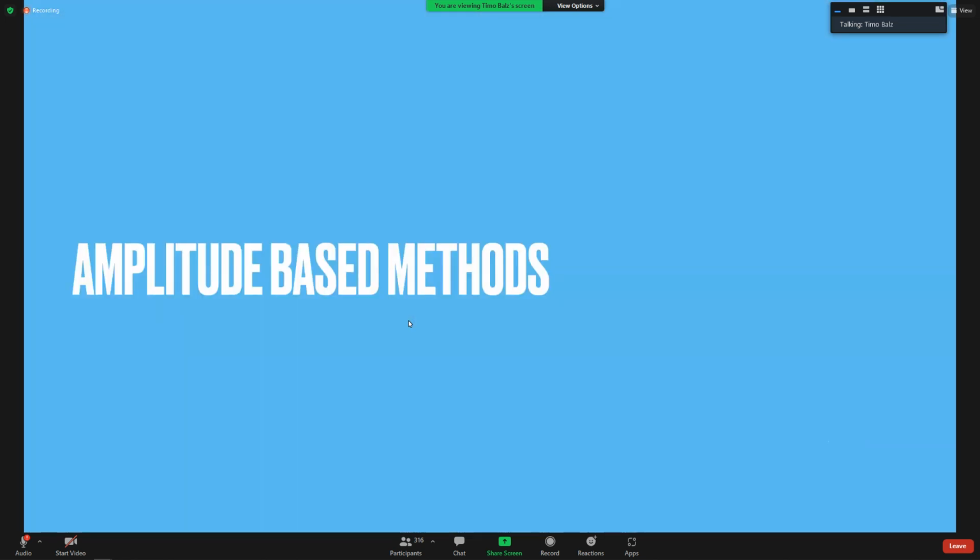Now, we will first talk about amplitude-based methods. These are methods that are not looking at the phase, but at the image that we just looked at, a typical SAR image, the amplitude of the image. We can also get DEM and surface motion by these methods. It has some advantages compared to phase-based methods. Both of them can be used.